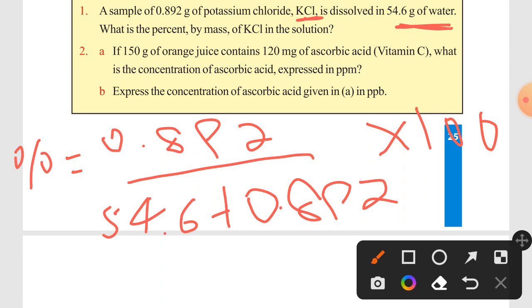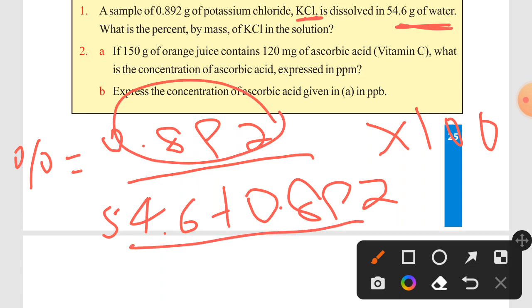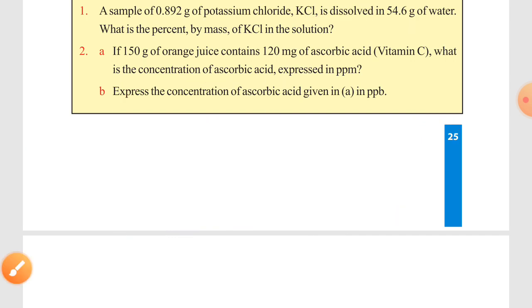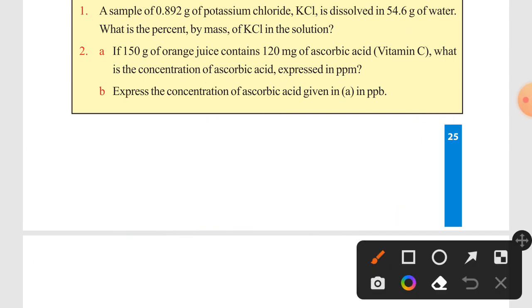Okay, so kana idaatanii dhibbaan gaafa baay'istan percent by mass of potassium chloride argattu jechuudha.